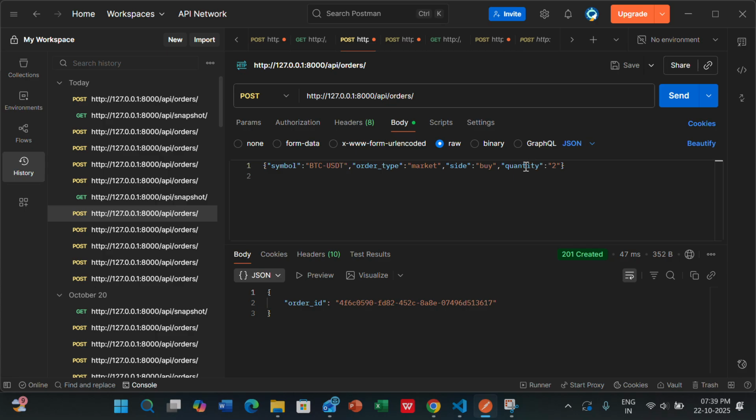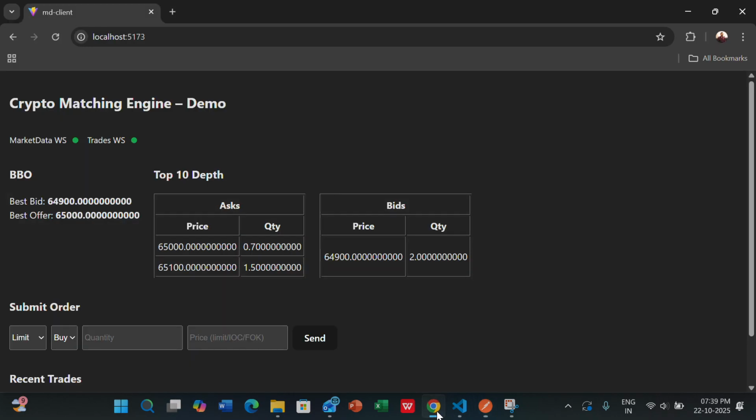So now if I want to buy from the market a quantity of one, I will send it. The order ID has been updated, and as you can see, the first order I placed was one, so the one has been consumed first, and now the remaining is 0.7.